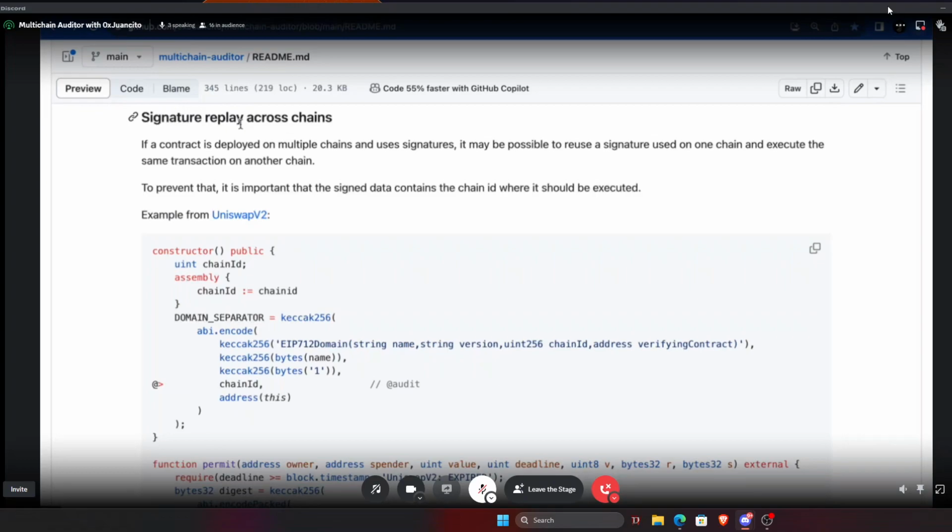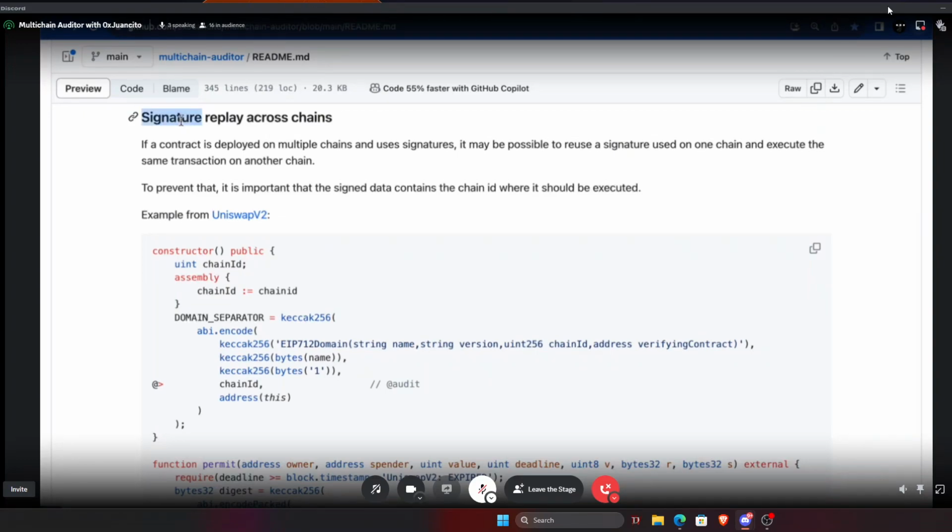Signature replay attacks are when one specific signature that you might use to authorize another person to use your tokens, stake them, deposit them, or liquidate someone, or many other actions. You give your specific account signature to allow them to do different actions. The thing is that you allow some people to do different actions, but only once.